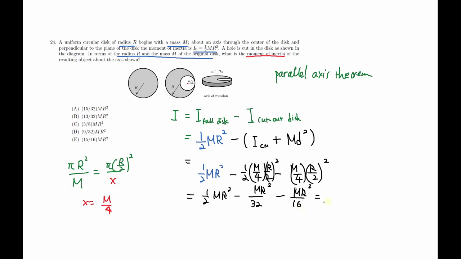So we can have a common denominator of 32, and on top I'm going to have 16 mr squared for the first term, and for the second term I have simply minus mr squared. For our third term we have negative 2 mr squared. Okay, so 16 minus 1, 15, 15 minus 2, you get 13, and we are able to do that because mr squared is present in each term. So we have 13 mr squared over 32, and that's our final answer for the resulting moment of inertia.